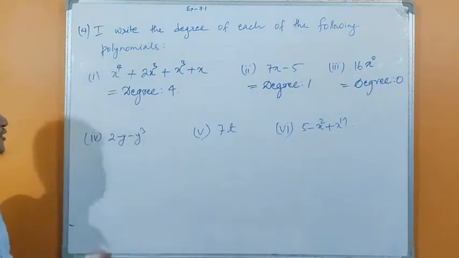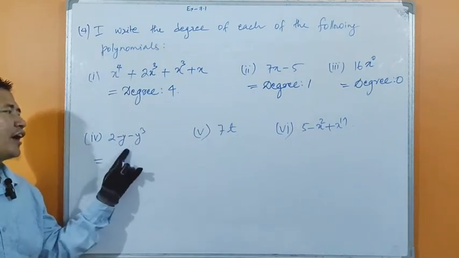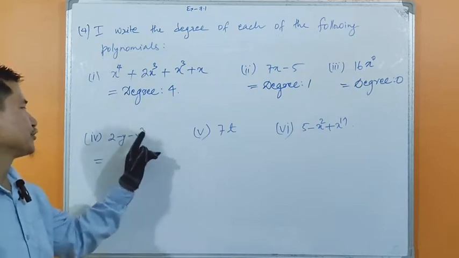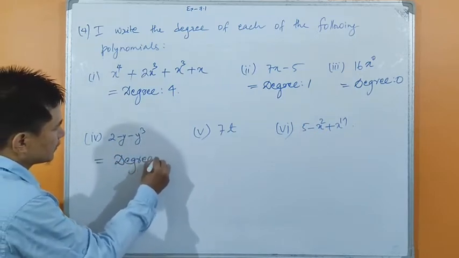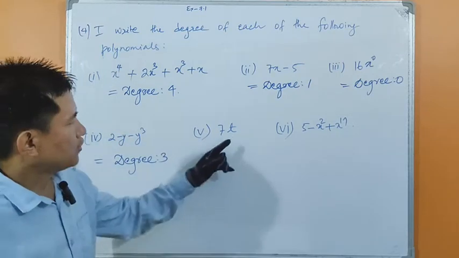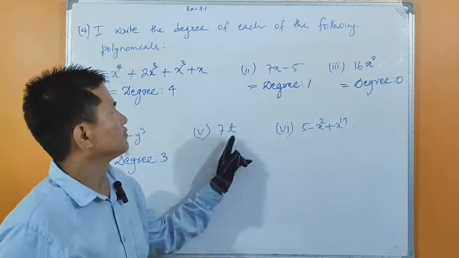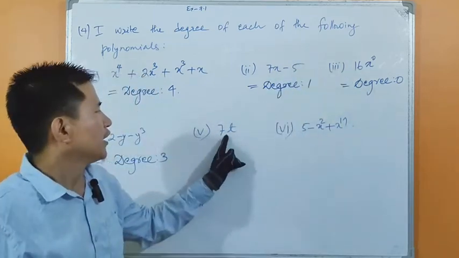Let us come to this question. Here the variable is y, and the highest power of the variable is 3. So the degree of this polynomial is 3. Okay, plus 3. Now here this is a monomial, because it has only one term. This is also a monomial.